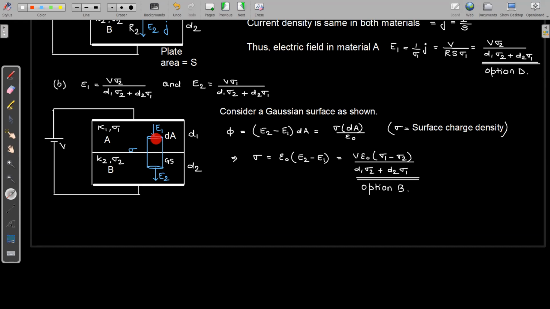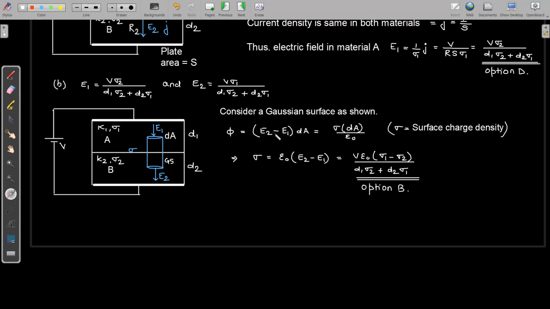Since E1 is entering, the flux corresponding to E1 will be negative, which is E1 multiplied by the flat area dA. And the flux leaving will be positive, which is E2 multiplied by dA. Total flux will be E2 into dA minus E1 into dA, which is E2 minus E1 times dA.